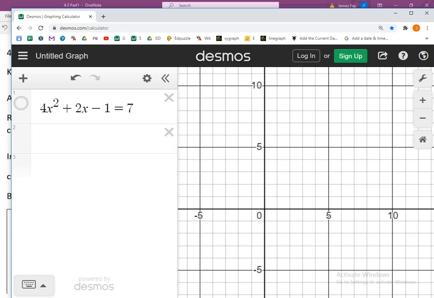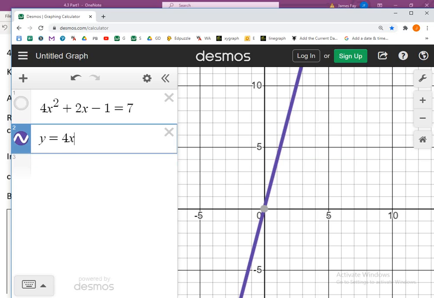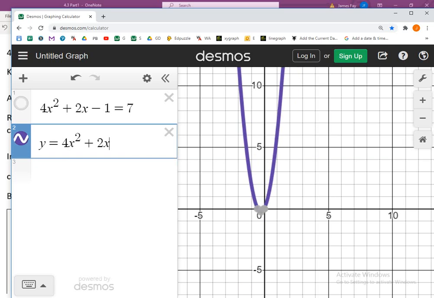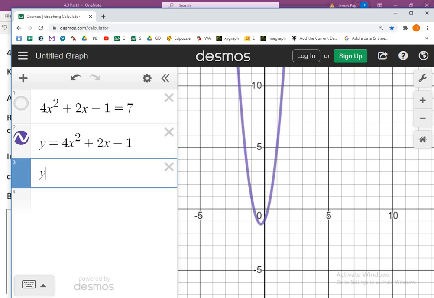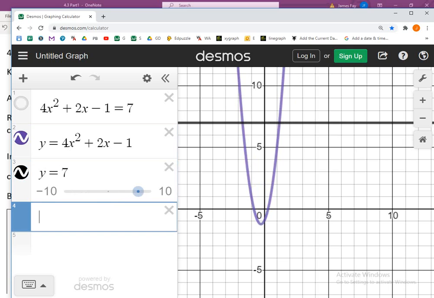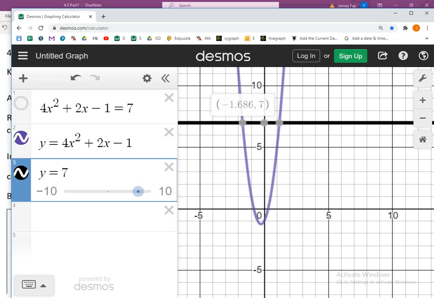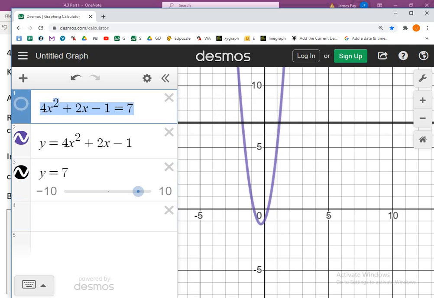If I'm asking what the answers are, they're the x values that make this true. So we graph the left-hand side, y equals 4x squared plus 2x minus 1, and the right-hand side, y equals 7. Does that make sense? The x value right here of negative 1.686 is the answer to this equation.